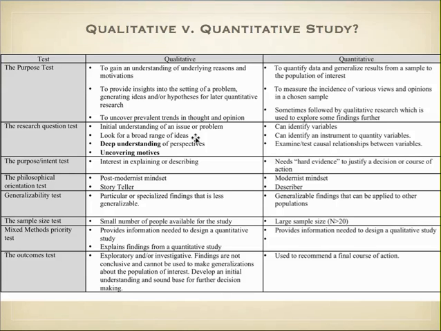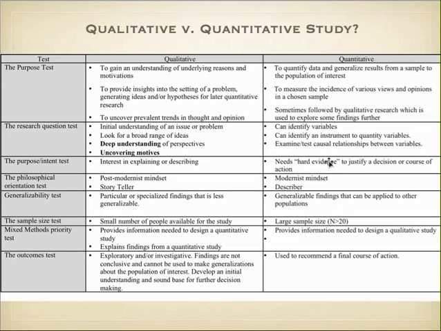If you are looking to make an inference about a large population group, then qualitative doesn't work very well for you. You'd have to have such a large sample of a population in order to be able to generalize from that. Now, you can use quantitative with a small sample size, but your ability to generalize, to make inferences about larger population groups, is certainly limited with a small sample size.